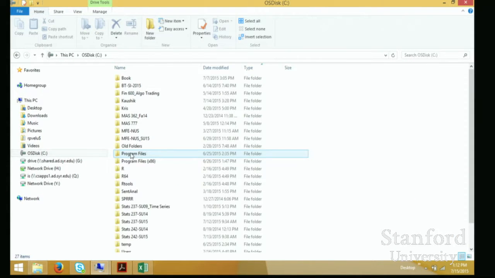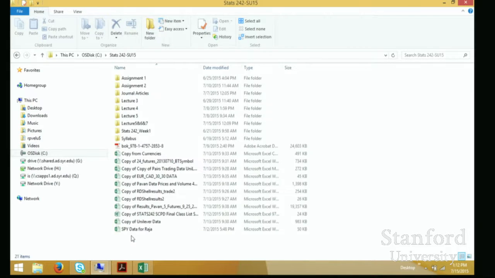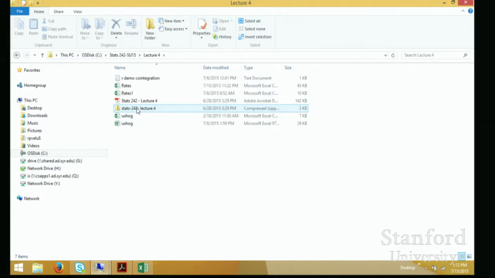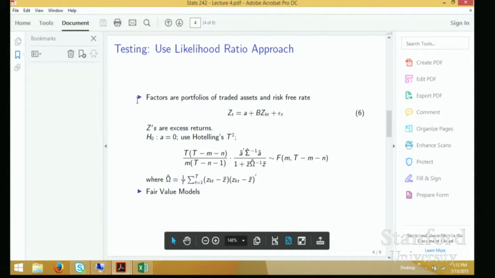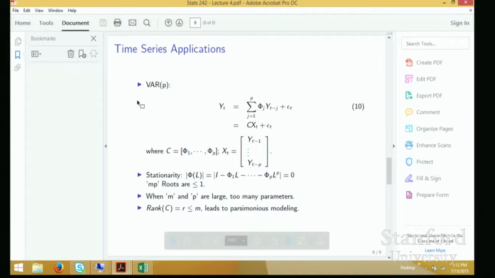So I'm going to go back to the notes, and I want to recall a few items here so that you can see how they are related. Okay. So this is based on the lecture that we talked about. Okay.